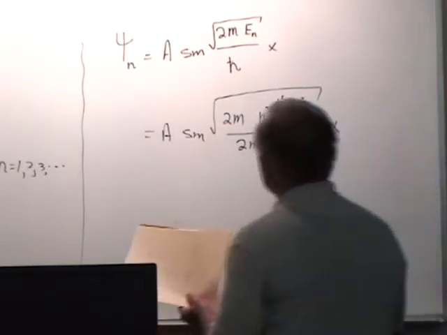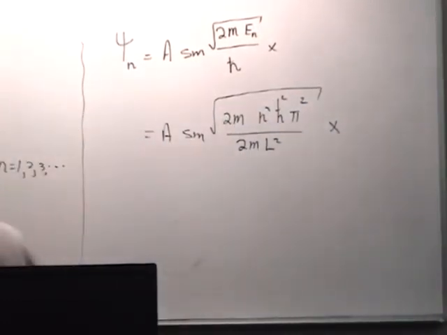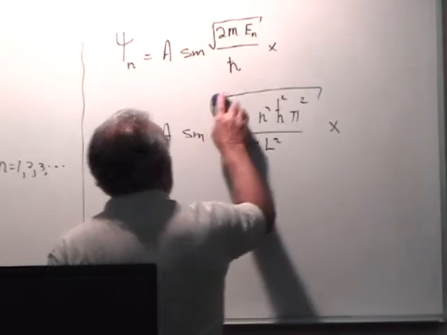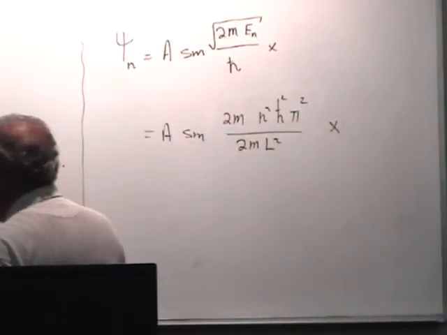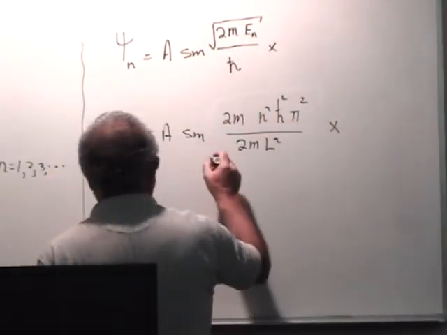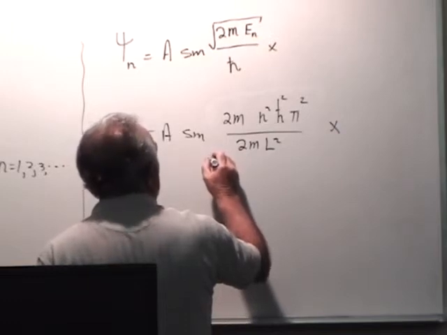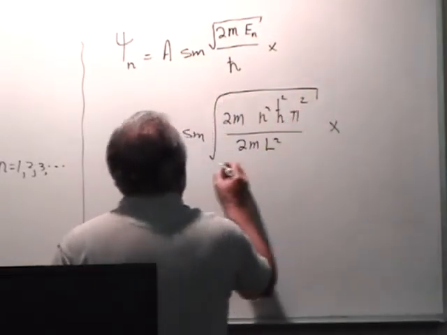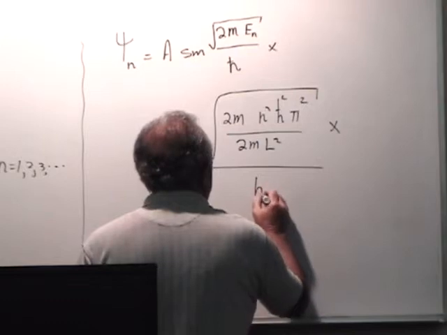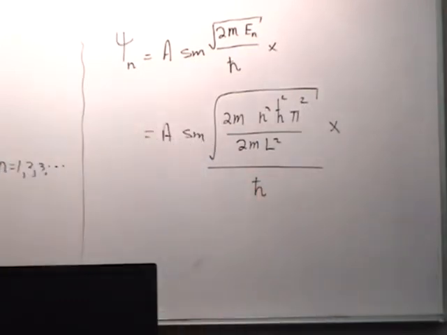No, I didn't. This all goes over 2L squared, and this is the whole thing under the square root, and then we have to divide it by h bar. There, I've done it right. So the radical had to include that, and kindly things cancel out.